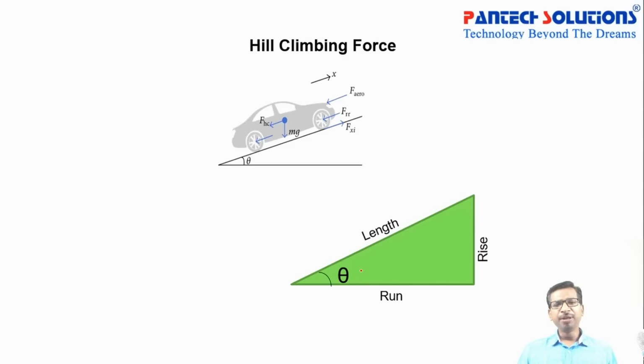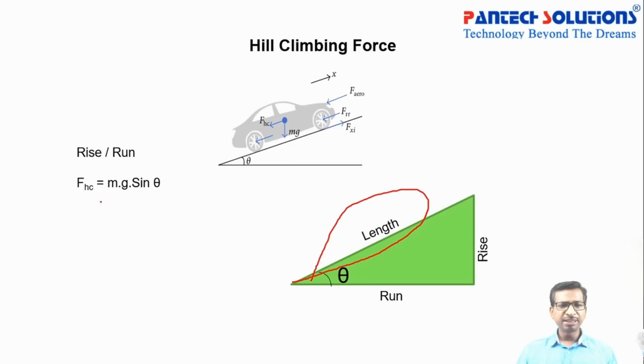And hill climbing force. If you take this triangle diagram, this is your flyover, or you can imagine your road type. Suppose your vehicle is on an upgradient. The formula to calculate it is m into g, that is the weight of the body times gravitational force, and sine of theta.